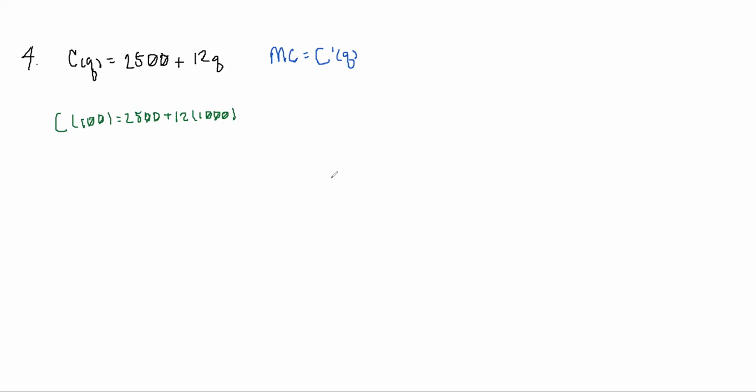So if marginal cost is the derivative of cost, then what is the marginal cost of producing the 100th item? 12? Yes. And what is the marginal cost of producing the 1000th item? Would it be 12? Yep.